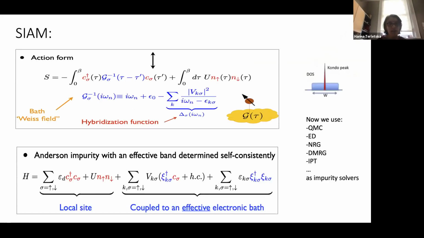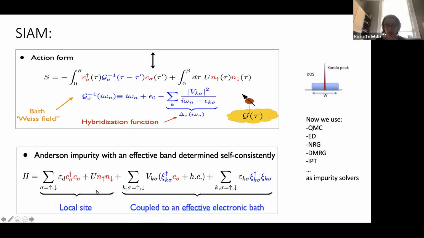I just want to point out that one of the things that led to DMFT being highly used in the community at that time was that it was realized that the effective impurity action that we have seen before is actually the same as the effective action of the single impurity Anderson model. This is the single impurity Anderson model, a model that has been used to study the Kondo problem, and at that time it was very widely investigated.